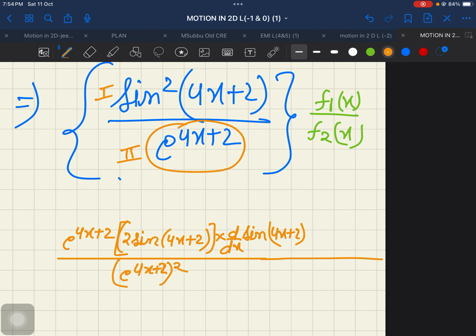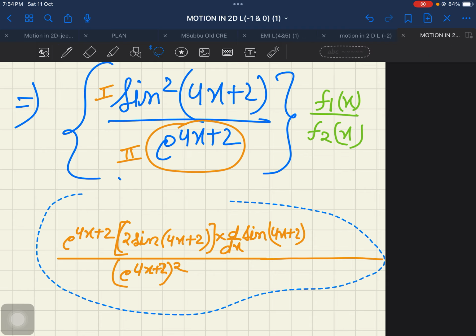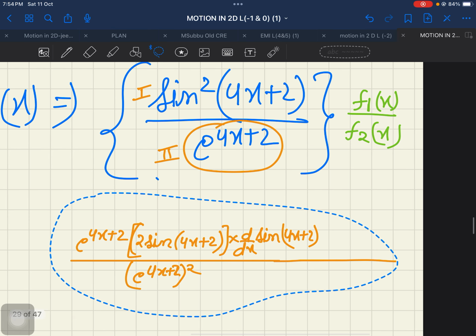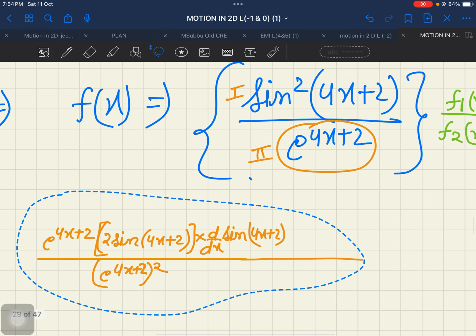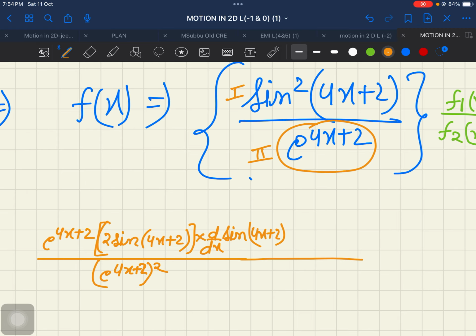Let me cut this and slide it here so that I can have some more space. Just 1 minute, students. Okay, all right. So now we have to put a minus sign here. Then the first function as it is, sine square of (4x plus 2), and the differentiation of e to the power 4x plus 2.